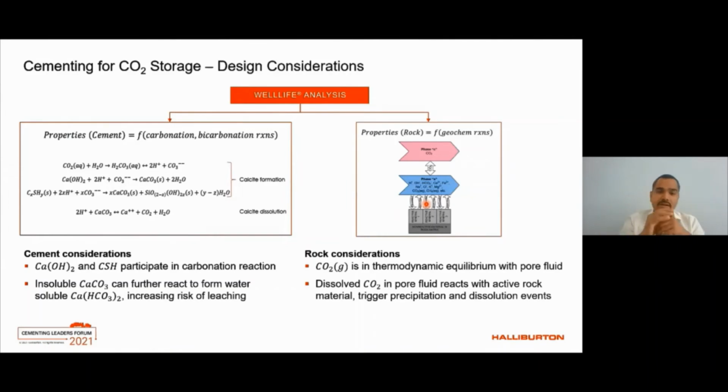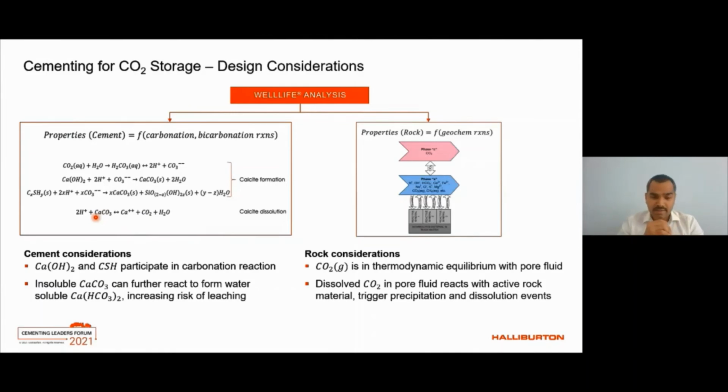I'm going to spend my time on the left-hand side of the screen, which is how the properties of cement change because of the carbonation and the bicarbonation reactions. I won't bother you with all the set of reactions, but in essence, the mineralogy of the cement changes, and as a consequence, calcium carbonate forms, which can transform into calcium bicarbonate and can dissolve in some circumstances.